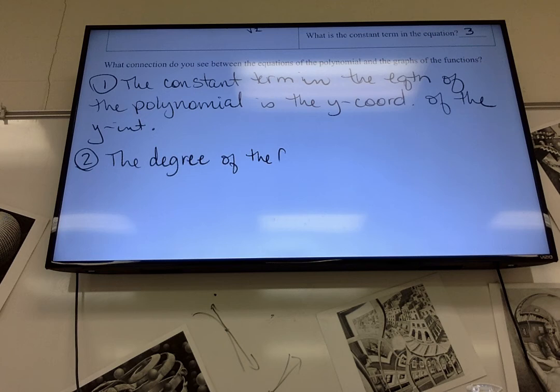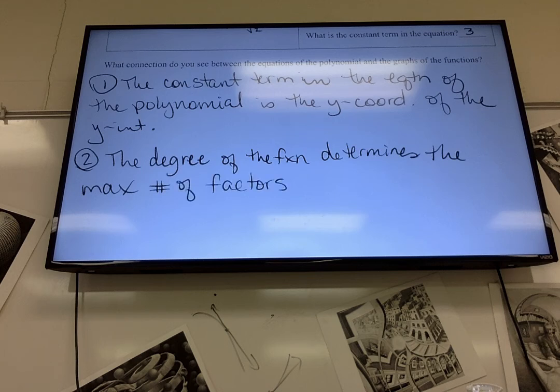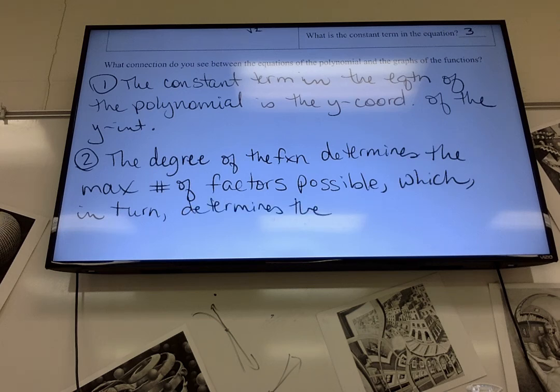So the degree of the function determines the maximum number of factors possible, which in turn determines the maximum number of zeros of the graph. Then I'll explain to you what that means after you get a second to write it down.